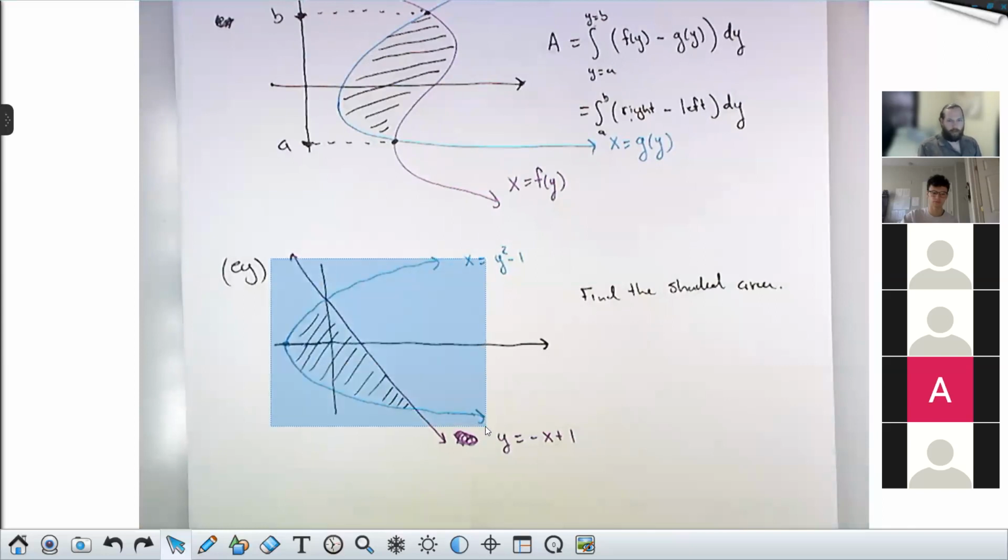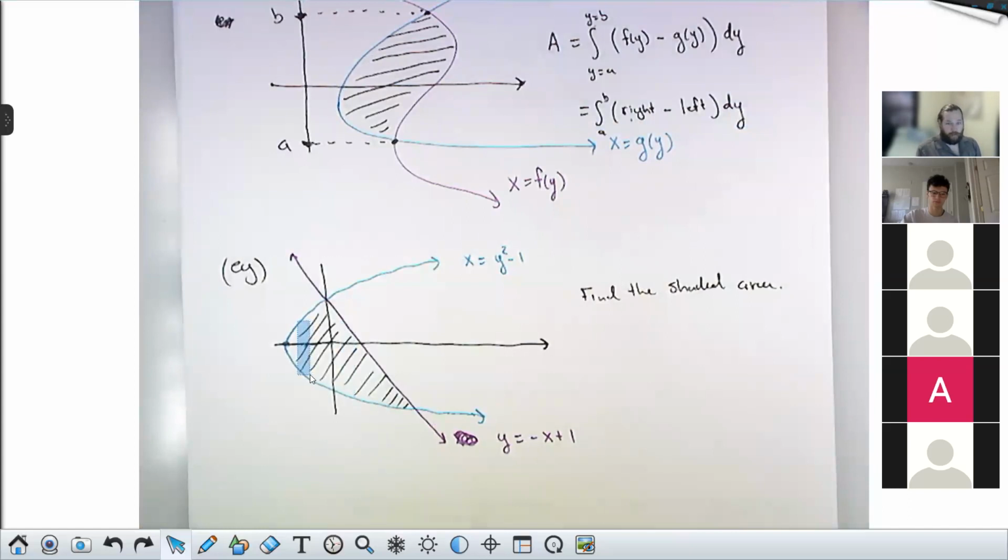We need to look at the picture and ask ourselves whether we're going to do this thing or the first thing. Am I going to do right minus left, dy, or upper minus lower, dx? The way to figure that out is to ask yourself, is there an upper and a lower? Is there a right and a left? If I'm looking over here, the purple is the upper and the green is the lower. But if I'm looking over here, the green is both the upper and the lower.